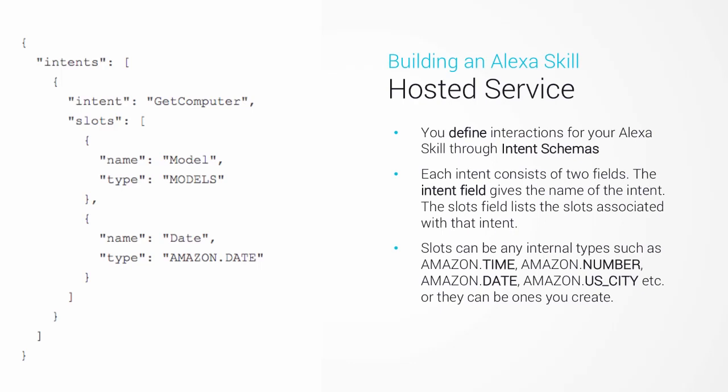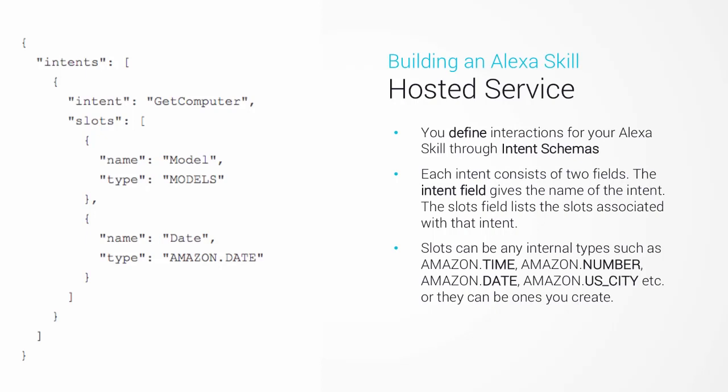Alexa can answer that. And if you look over here on the left at the actual code, you'll see I have one function called getComputer, and that function has a slot. That slot I've named model, but that type is actually a type I've created myself. So this is just like custom classes that you create in any programming language that you're used to today. Now, we also have internal types that we provide for you.